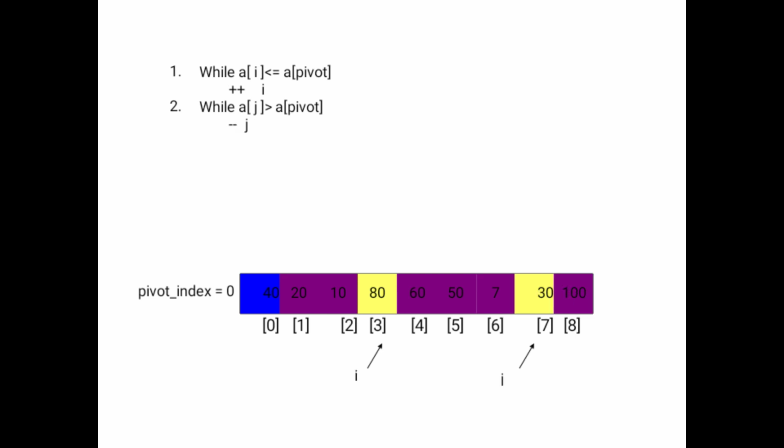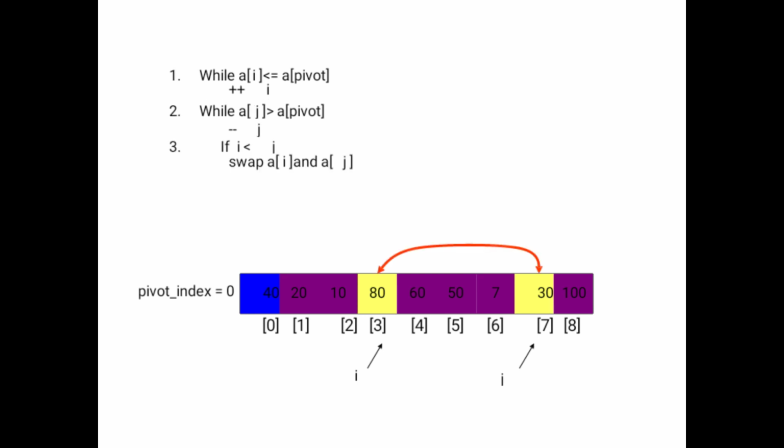So you are decrementing the pointer j here. 30 is not greater than the pivot element. The condition A of j greater than or equal to pivot fails here. Hence you are going to interchange the values 30 and 80. You can see here the values are interchanged.